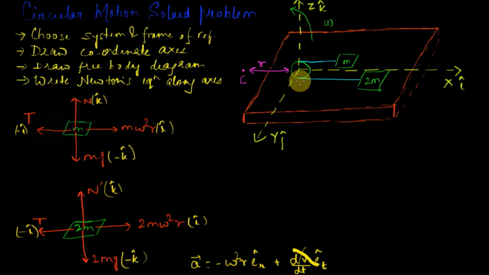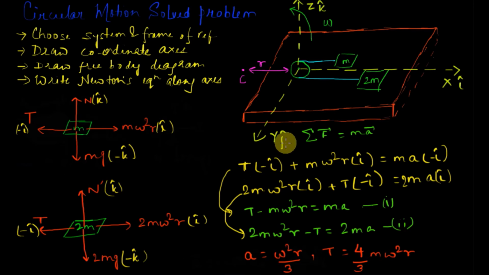Because the pulley around which the string is moving is frictionless. That's why the tension which acts on m is equal to the tension which acts on 2m. Had there been friction involved, the tension would have been different. So just remember this, another rule with regards to string and pulley. And the fourth force is the pseudo force, which is 2m omega square r along I cap.